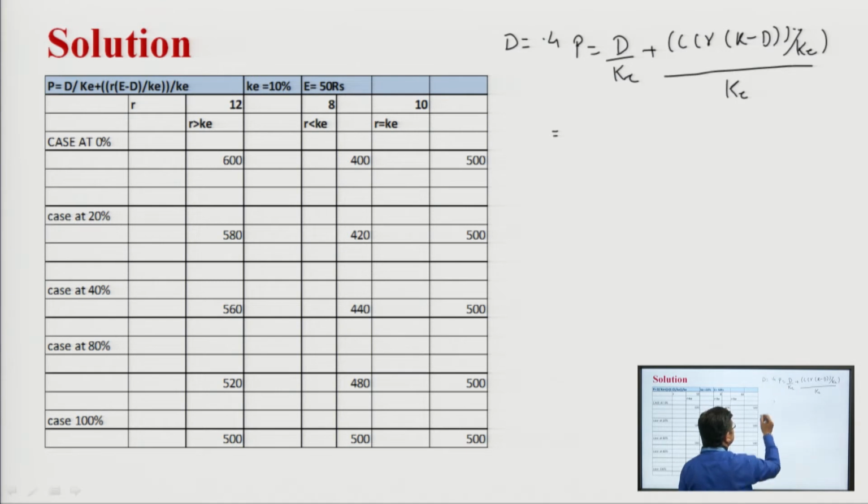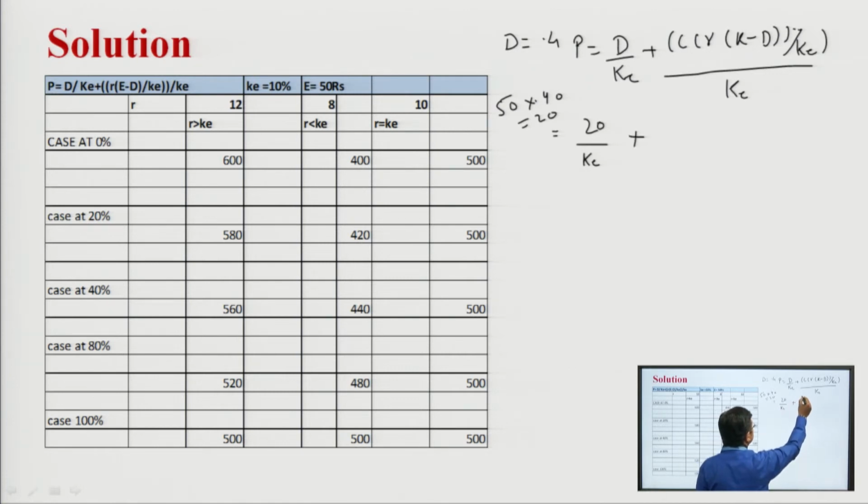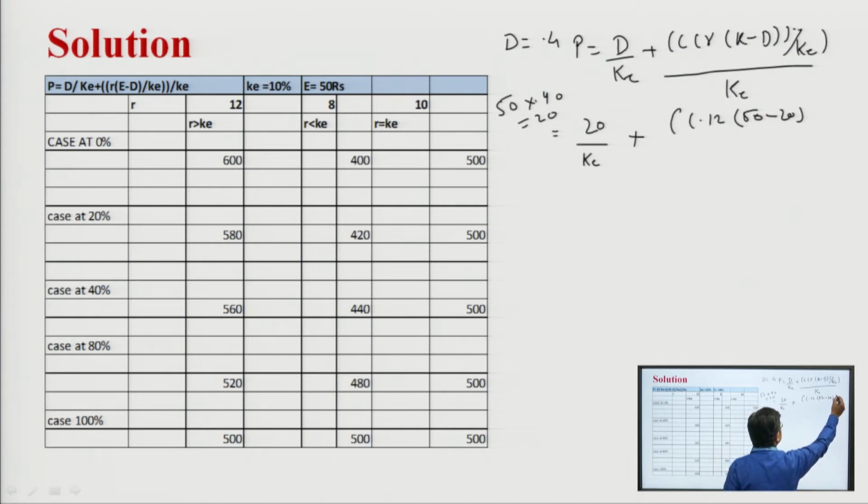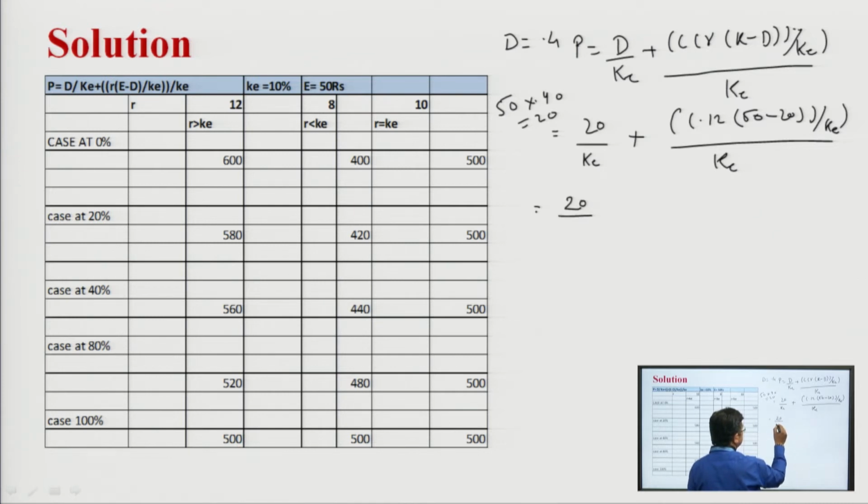So, D equals to how much dividend you paid? 40% payout ratio, earning is 50, so D is 20. 20 divided by K E plus R, here I take R as 12%, earning is 50, payment is 20, divided by K E, whole divided by K E. 20 divided by 0.10.